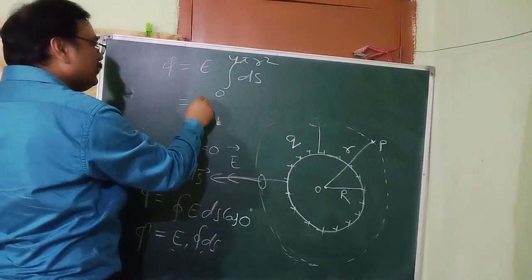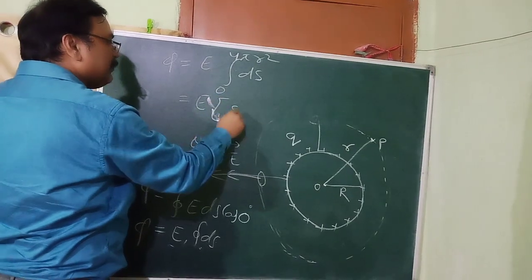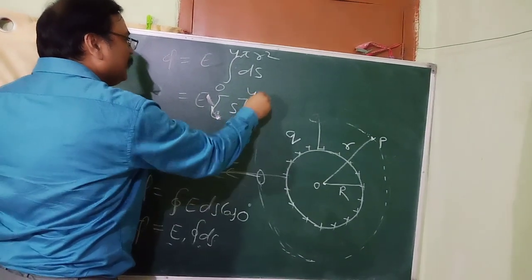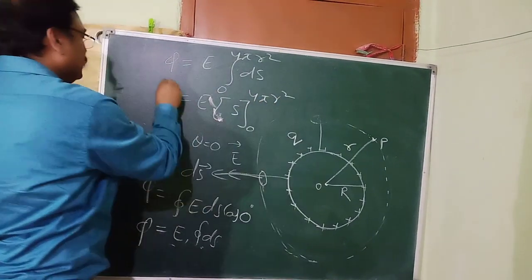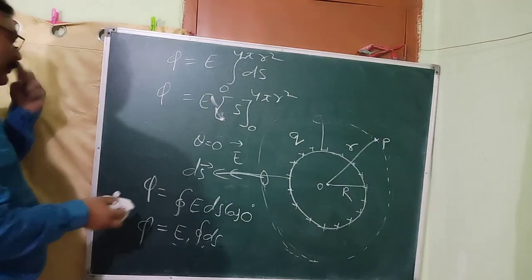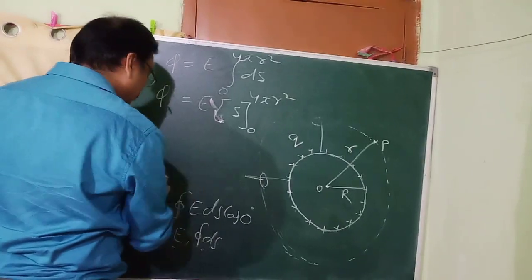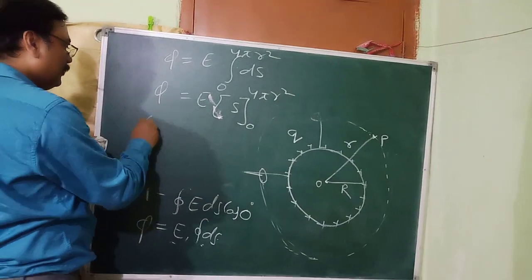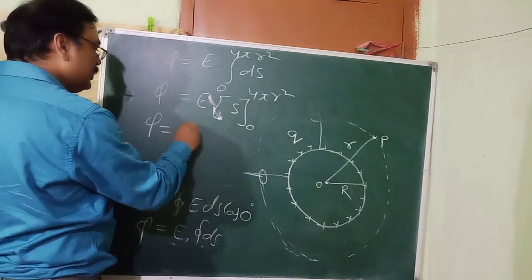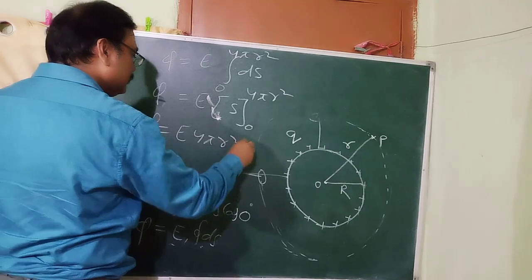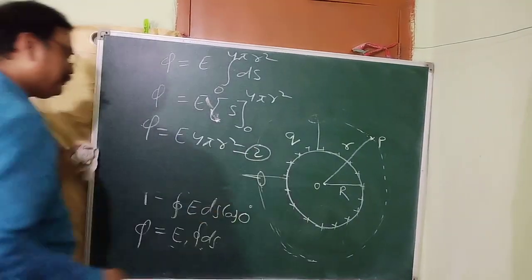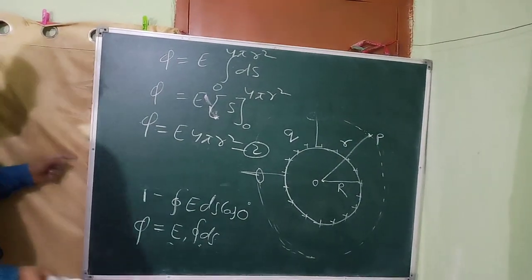After integration, what will I get? E times s from 0 to 4 pi r square, that is phi. Now you can put the limits. Once you put the limits, what will you get? Phi is equal to E into 4 pi r square. That is your equation number 2.